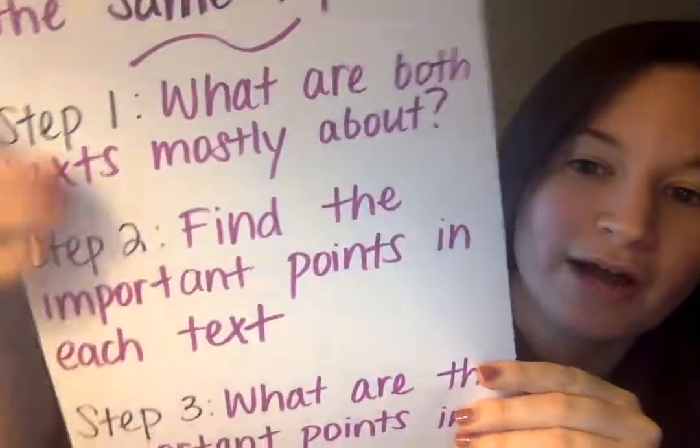Step number 2, find the important points in each text. In our first text about Ruby Bridges, the important points are that Ruby Bridges was the first Black student to attend William Frantz Elementary during a time of segregation.